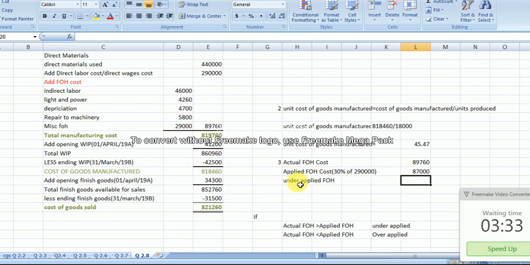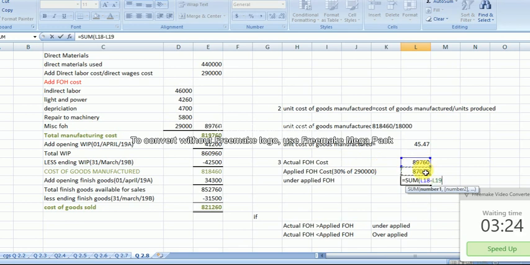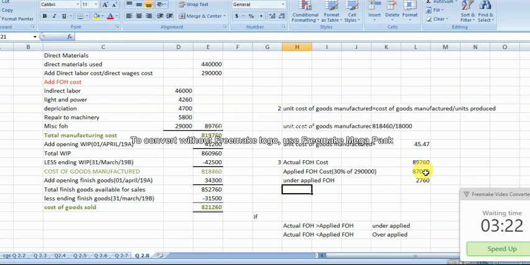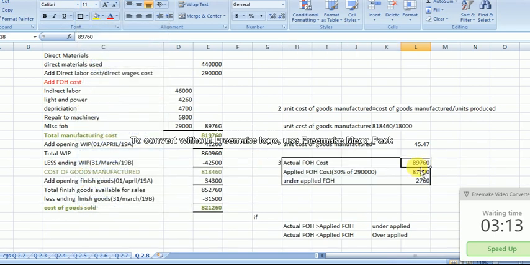It equals actual minus applied, so we made it under applied by 2,760 in the calculation. So it was 2,760 short. This was the third requirement.